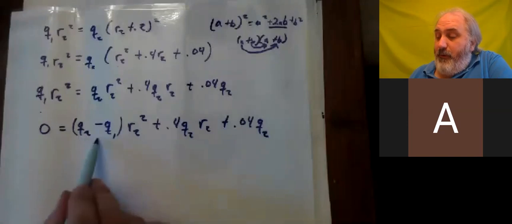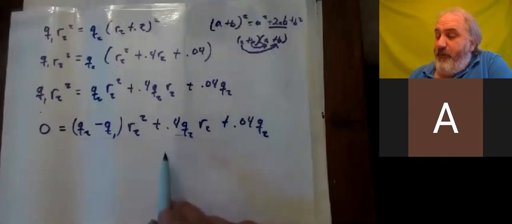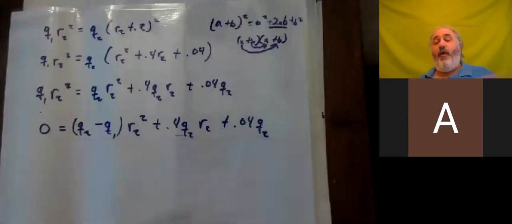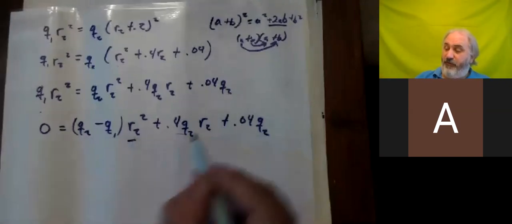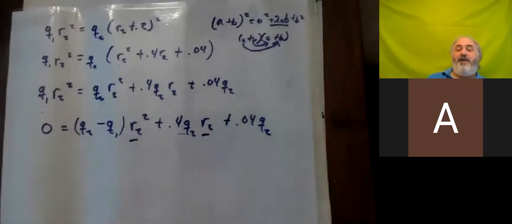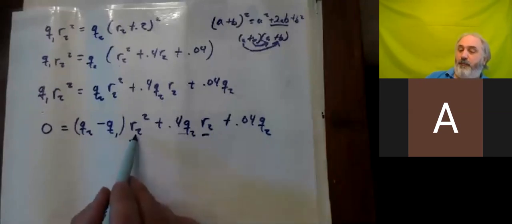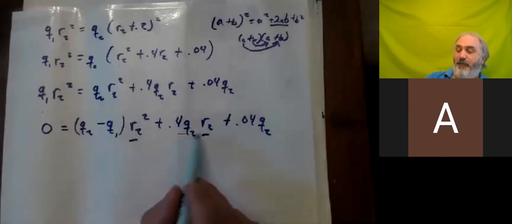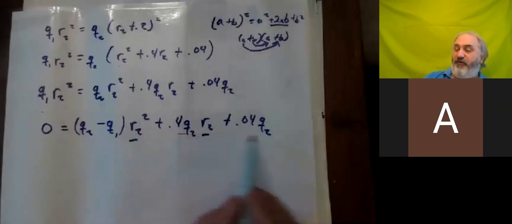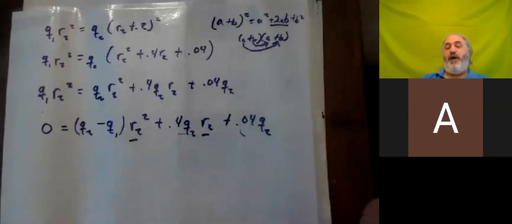This is a number. This is a number. This is a number. They're all numbers. And what am I solving for? This. So I have an equation with some number times my variable squared plus some different number times my variable not squared plus some different number that's not times my variable at all.